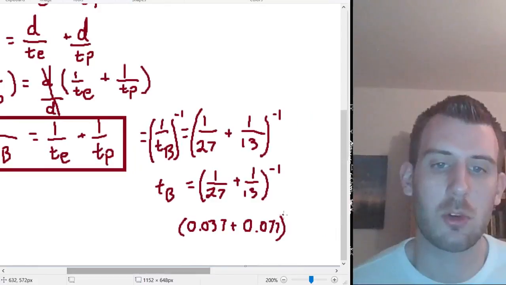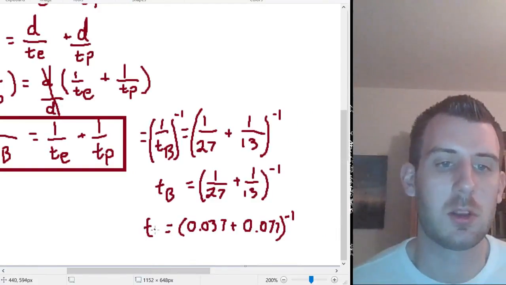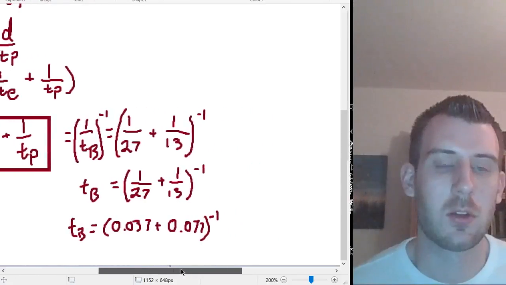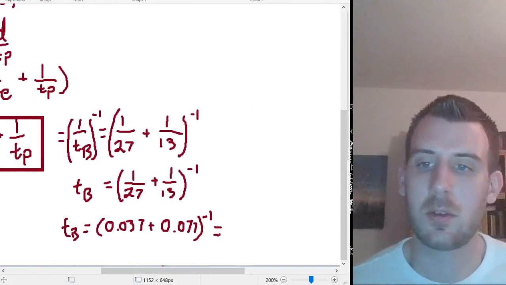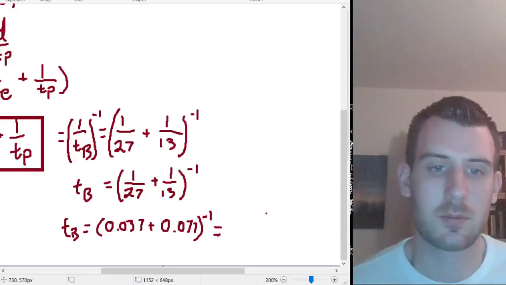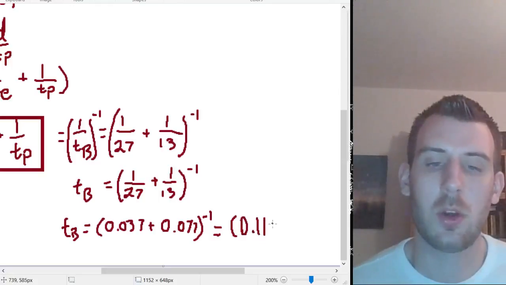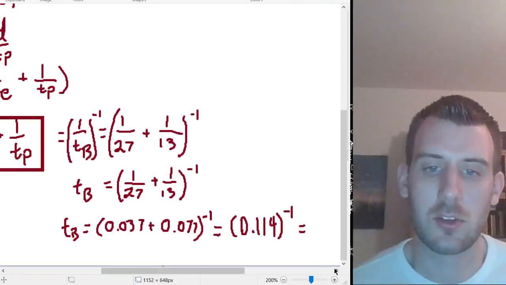Give myself a little more room here. This is all equal to tb. Let's combine that. That gets me on the inside here 0.114 to the negative first power, and finally to the last step.